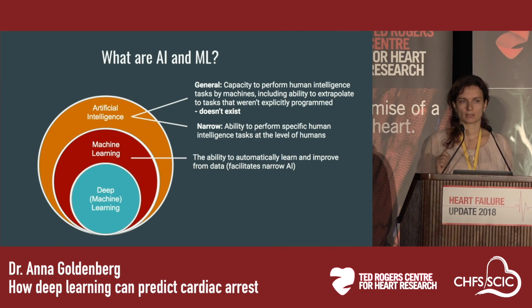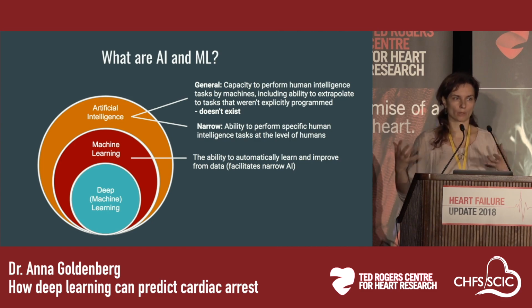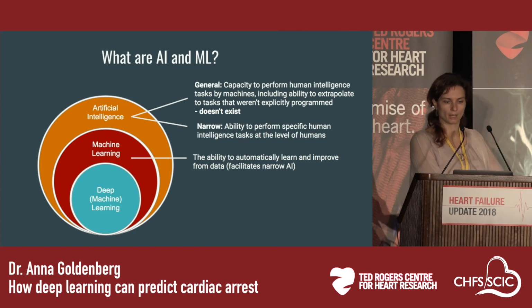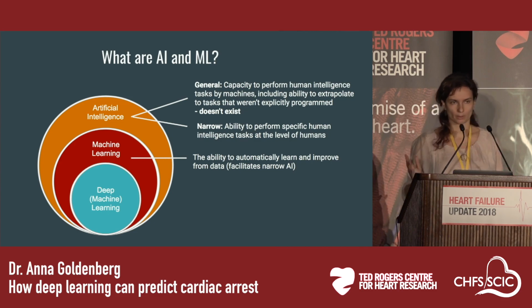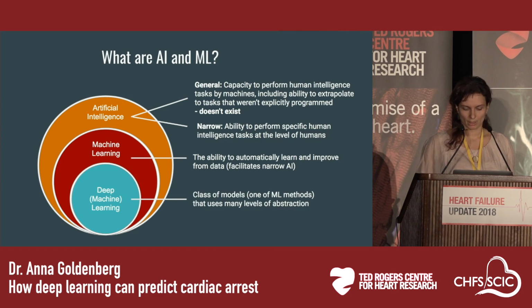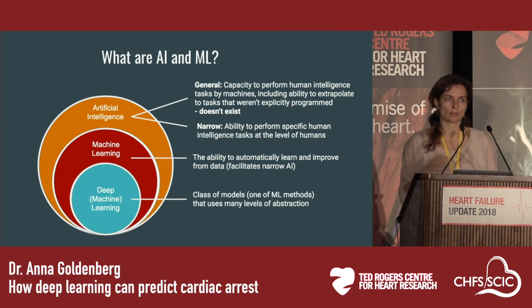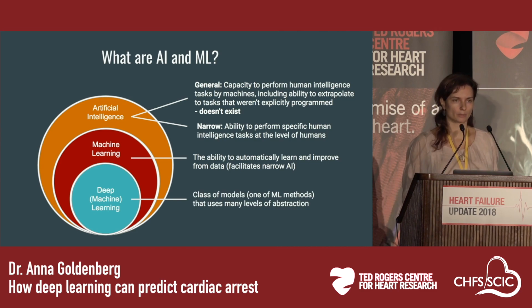Machine learning is something that's not mentioned in the literature very much. I don't know why, because that's what's really happening on the ground. Machine learning basically helps this narrow sense AI happen. That's what it is. It's machine learning. And finally, deep learning is one of the types of methods that I'll be talking about. It's a type of method in machine learning.